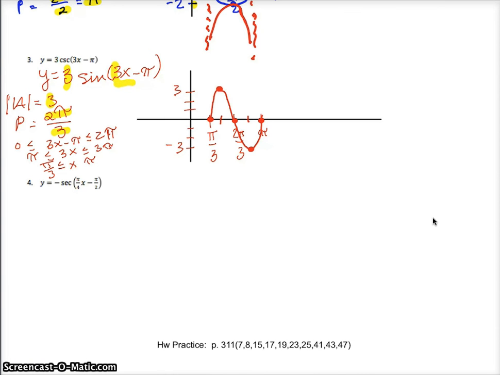And because I am subtracting pi, I know that there's going to be a phase shift or a horizontal shift because pi is in parentheses with x. So I set 3x minus pi inside an inequality with the domain of the parent function.